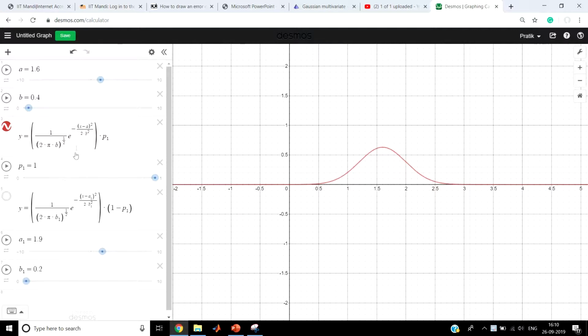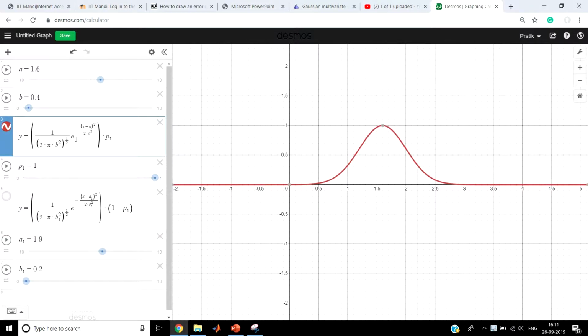Let me explain the parameters. So 1 upon root of 2 pi sigma square, e raised to minus x minus mu whole square upon 2 sigma square.